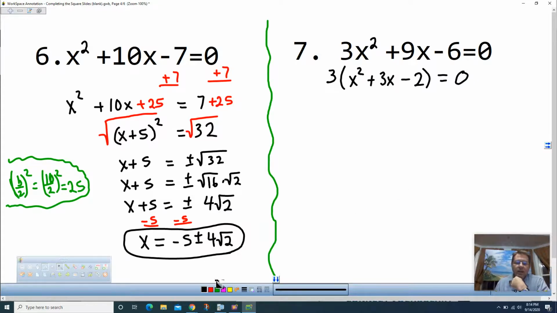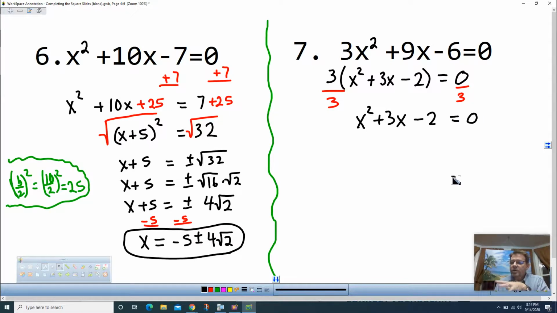We could do that, and then we could divide both sides by 3. And that would just leave us x squared plus 3x minus 2 equals 0, wouldn't it?